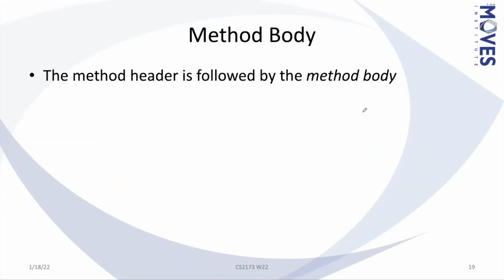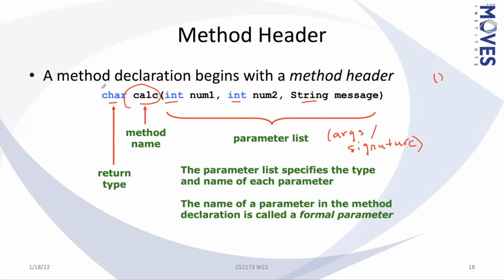And then the final is the return type, which can be a built-in type. In this case, it's a primitive. It can be any class that is anywhere. So it can be a built-in Java class like string, or it can be a user-defined class.